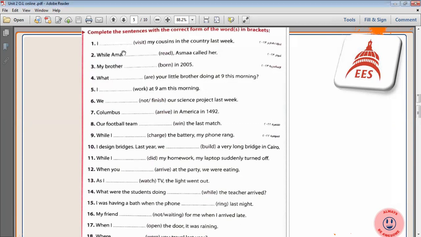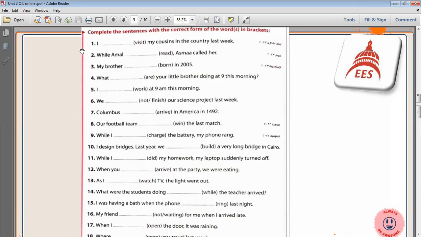Now what we have to do is to change this verb to be suitable for this sentence. Maybe we will use the past simple, maybe the past continuous. It's according to the sentence. We will answer a few sentences together.